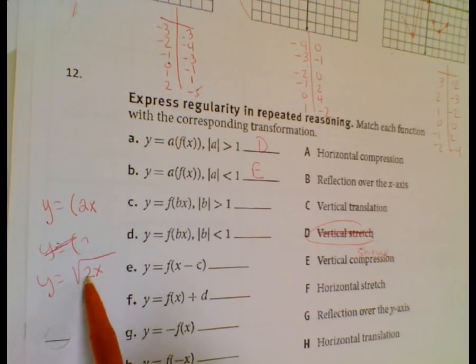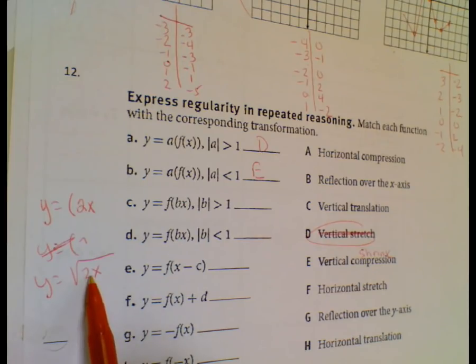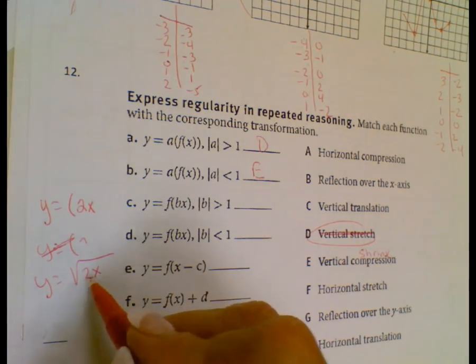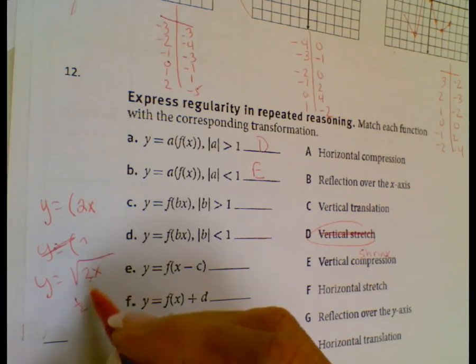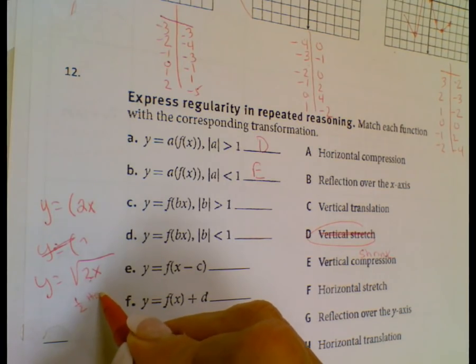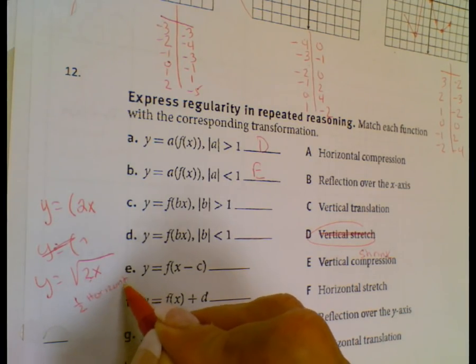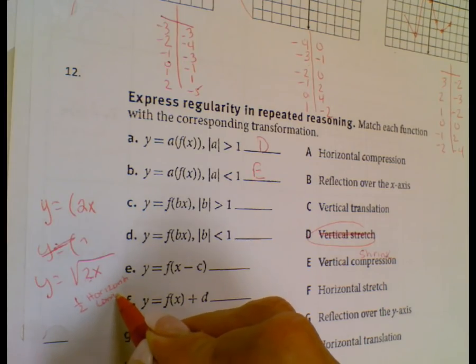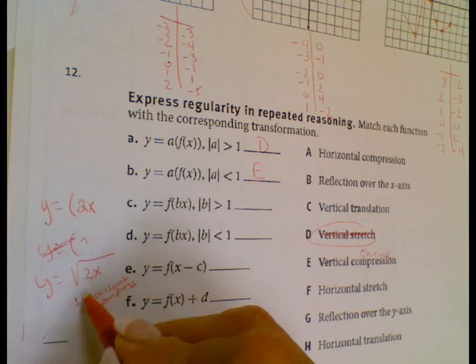If the 2's on the inside, you use the word horizontal because it's on the inside. But it's not a stretch, even though it looks big. If it's on the inside, you do opposite. So the opposite means you take the reciprocal of that, 1/2. It would be a horizontal compression by a factor of 1/2.